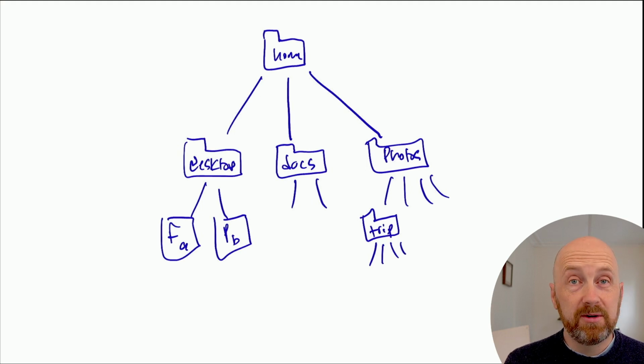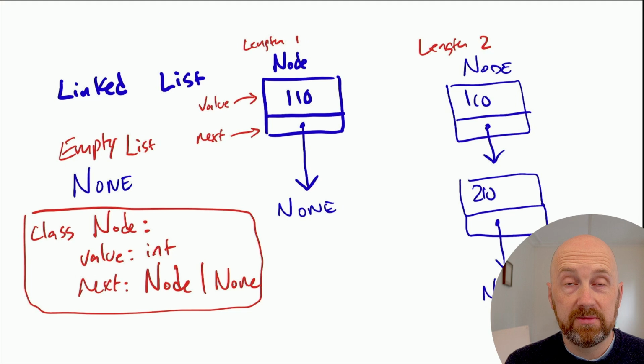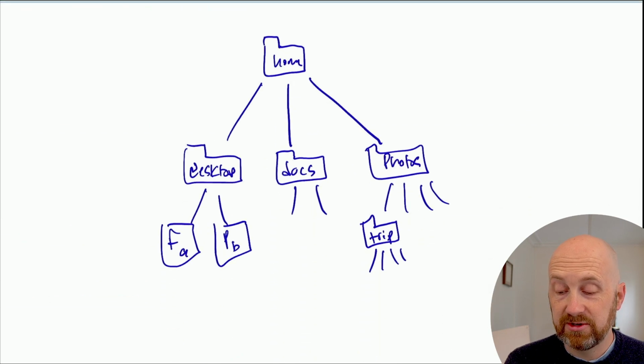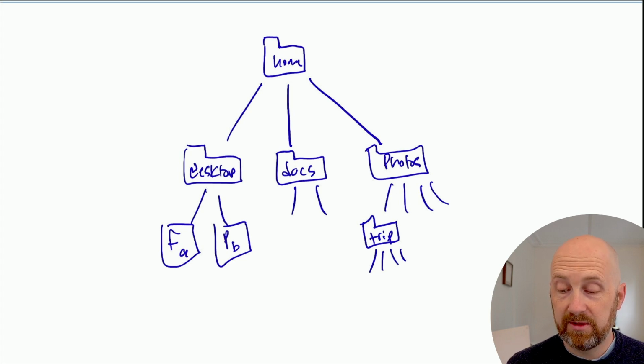And so this ability to represent a tree is also an idea that is a recursive structure. So your directories or your folders are related to one another in a recursive way. A folder can contain a folder. Therefore, you can have a folder containing more folders and so on, until ultimately you reach some point where the recursion stops.